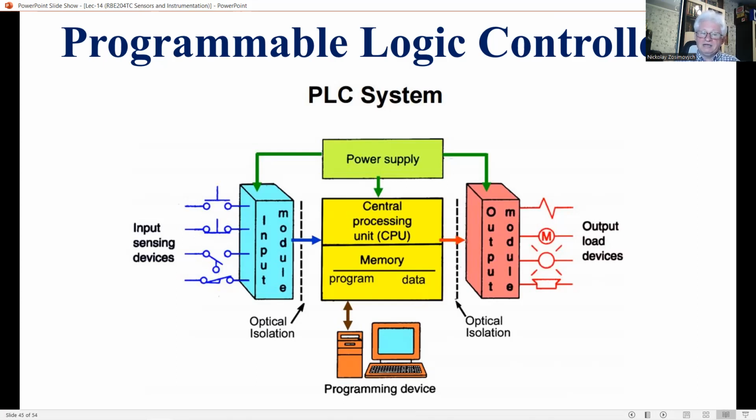The process operation might consist of a set of two-state actions, meaning on or off, which the PLC can sequence in the proper order and at a correct time.